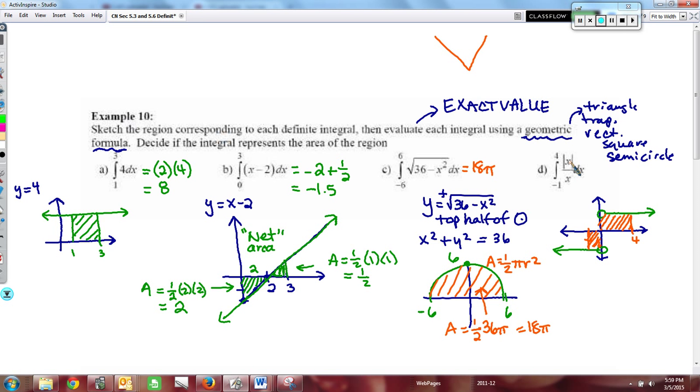It all depends. Remember, that's that gray area. But when you look at your picture, you're like, oh, okay, I am just accumulating my area. I'm going to take this area out. So I first calculate what it is. It has a width of 1 and a height of 1, so that area is 1. This area has a width of 4 and a height of 1, or 4.